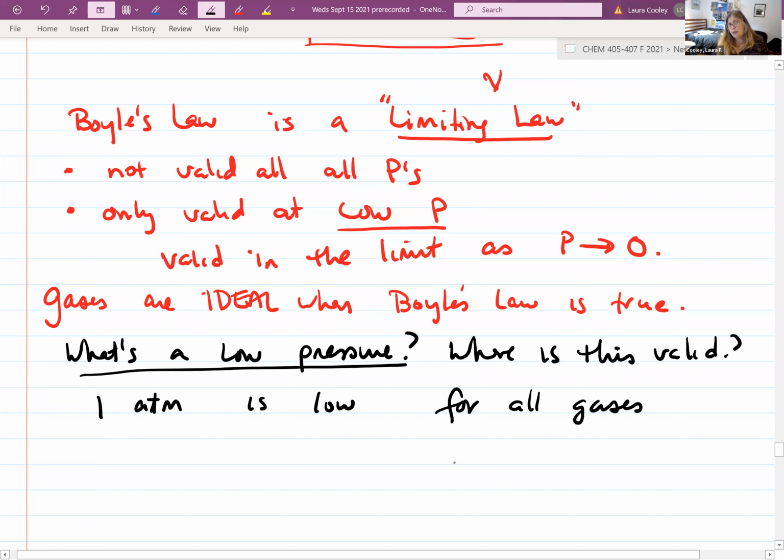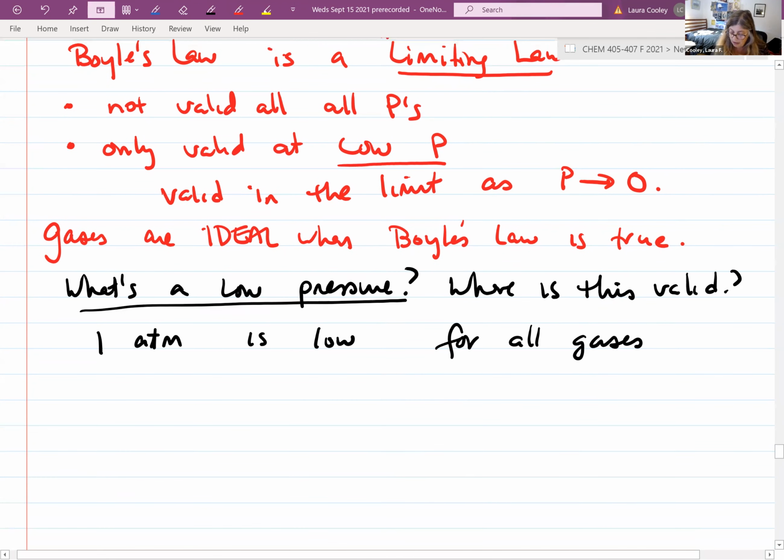Because we'll realize that as we start to look at different individual gases, they do have individual properties. They might attract each other at certain conditions, and that makes them not obey Boyle's law, that makes them non-ideal. But to a first approximation, at 1 atmosphere, pretty much all gases behave ideally.